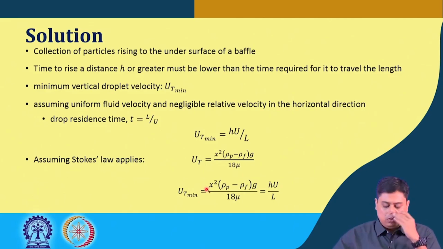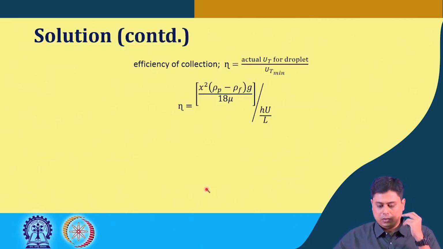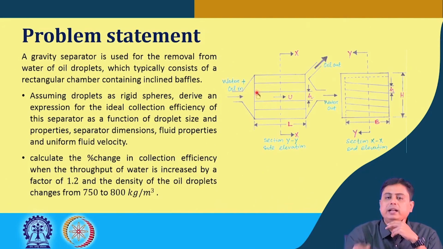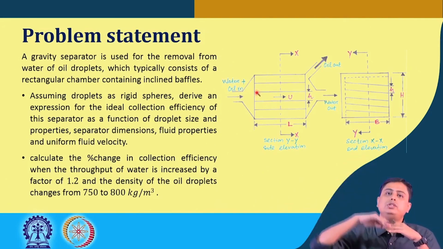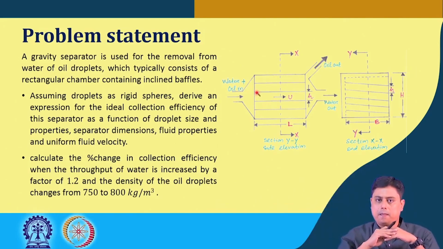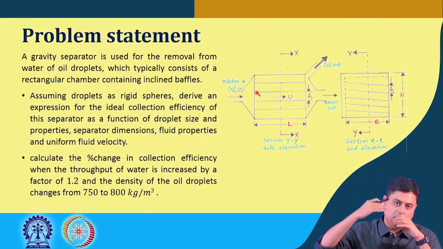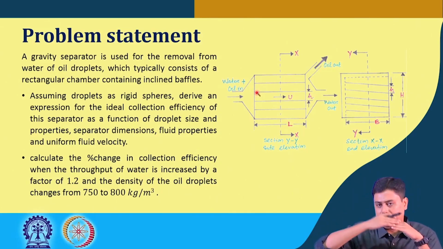Fine. So, now consider the scenario that some particles are nearer to the under surface to which they will stick. Those particles, if they are very near to the under surface, will quickly come to that surface.